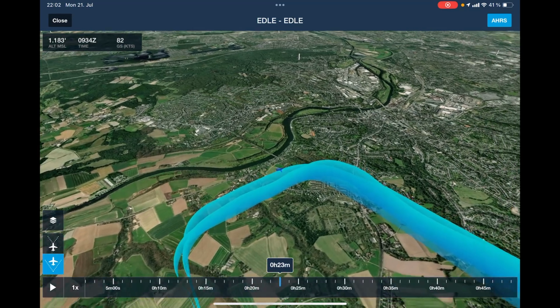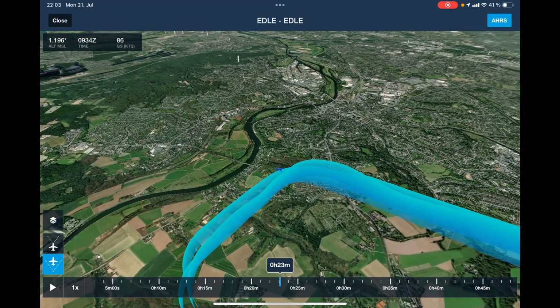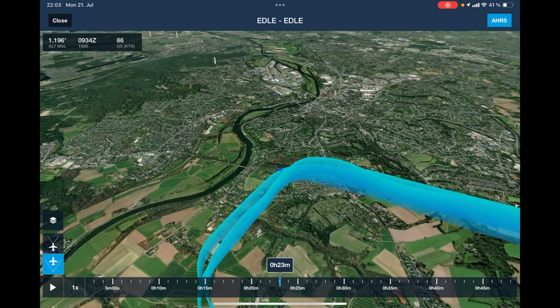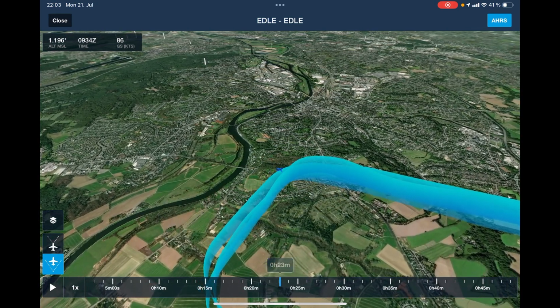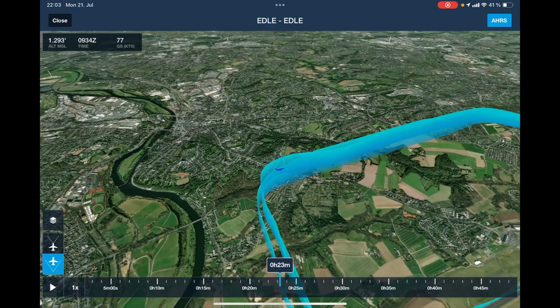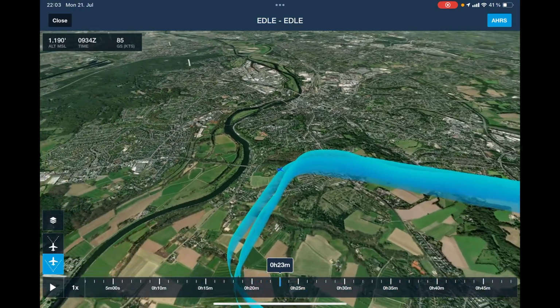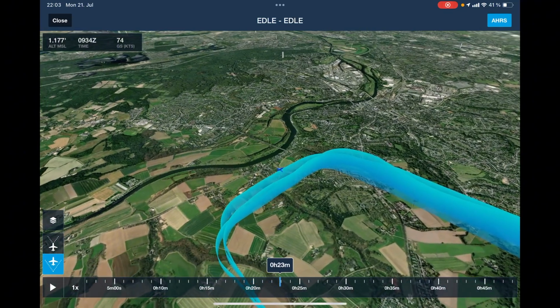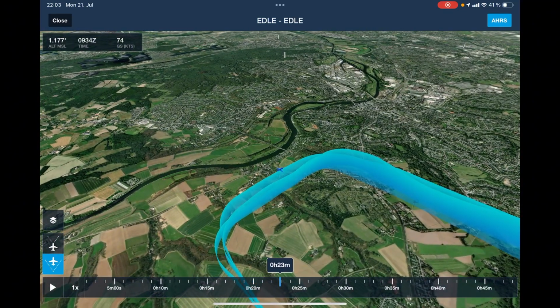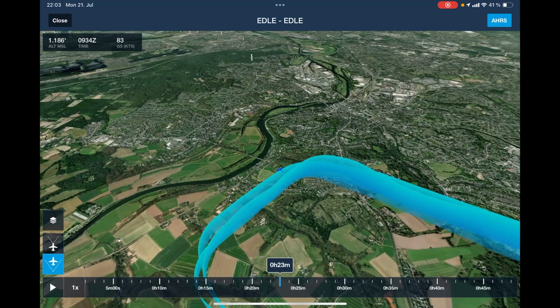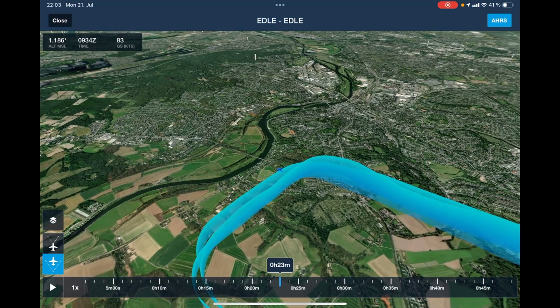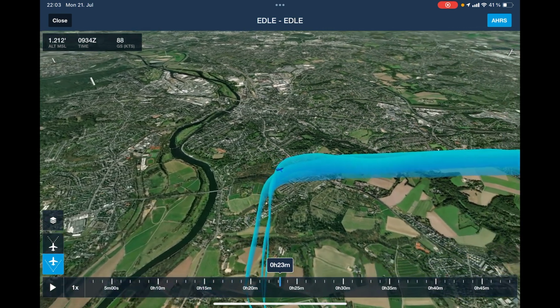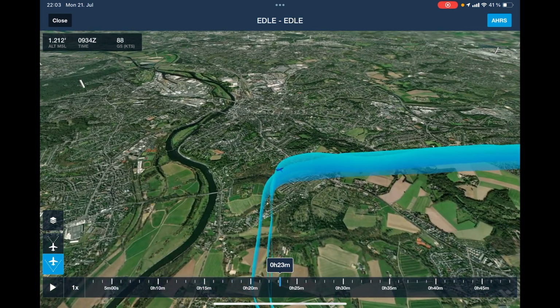The QNH was 1005, and I could definitely feel that the airplane was struggling to climb, or it was taking a very long while. At 70 knots, normally at this point, when I am at right downwind, the airplane is already at around 1400 feet. But on this particular day, it was taking a while.